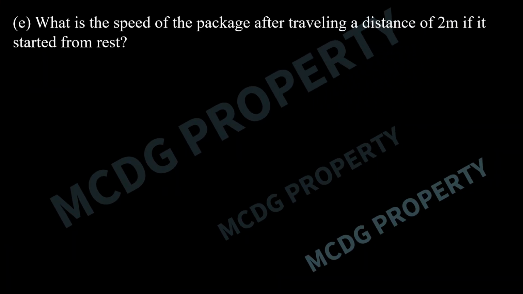Now let us extend the problem by adding an additional question: what is the speed of the package after traveling a distance of 2 meters if it started from rest? Now, we got the total work done on the package, that is 131.22 joules.